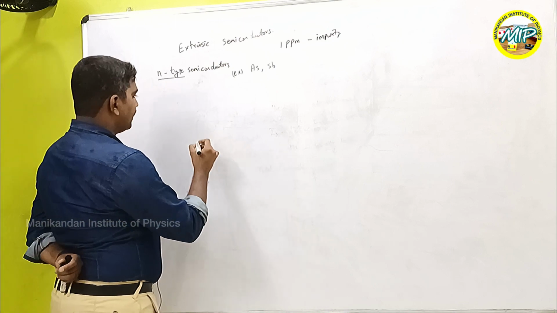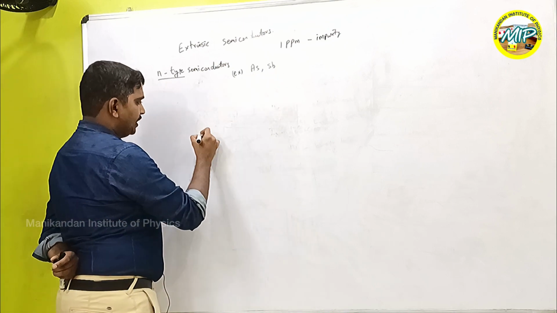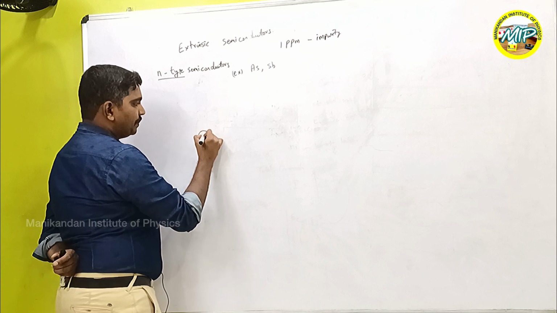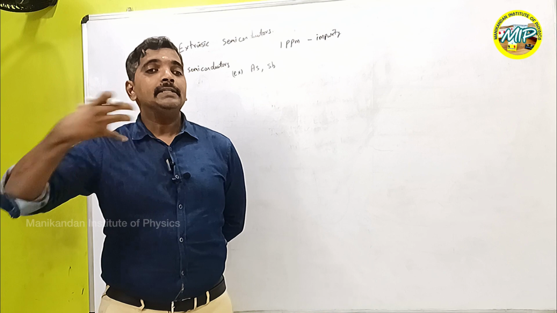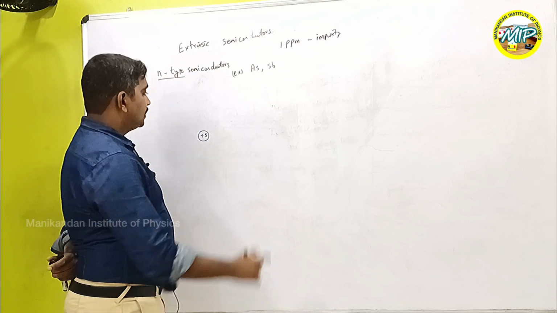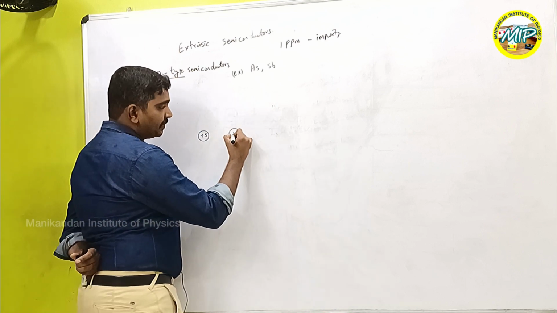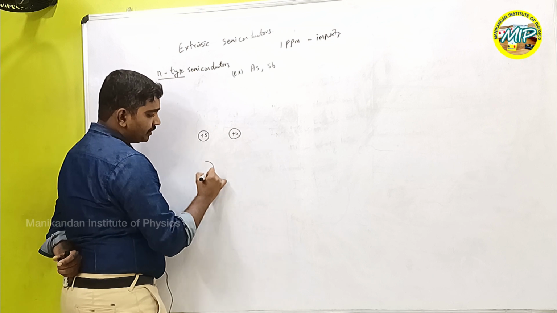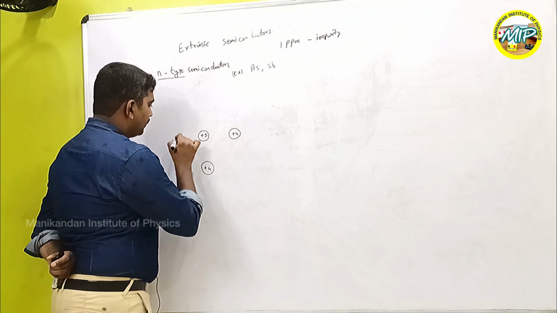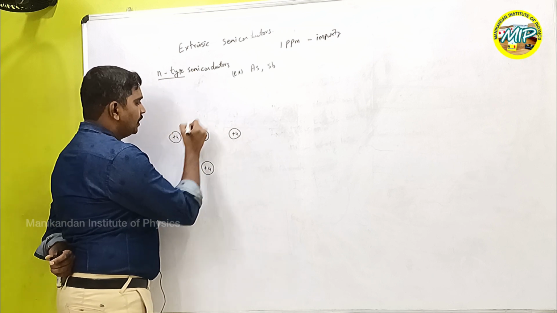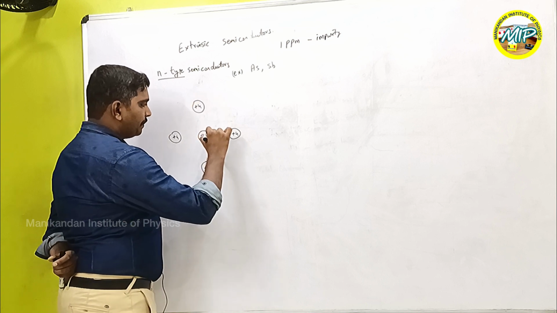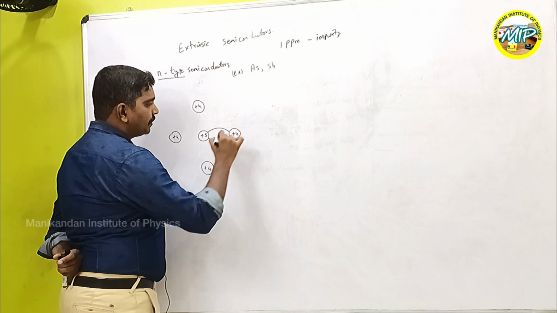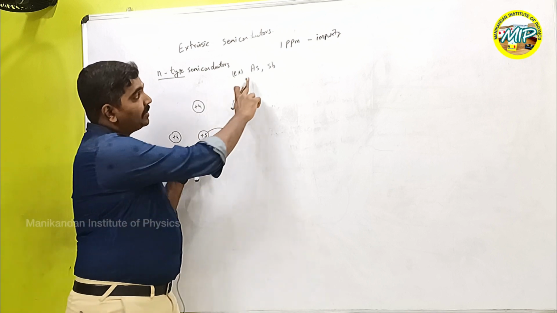So first I'm going to start with arsenic in the middle, plus 5, which means it has 5 electrons in the valence shell, right? So this is my silicon. We have plus 4 here. This is silicon plus 4. This is silicon plus 4. This is silicon plus 4. So we have a covalent bond between the arsenic or antimony and the silicon.